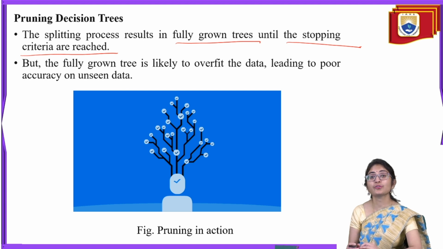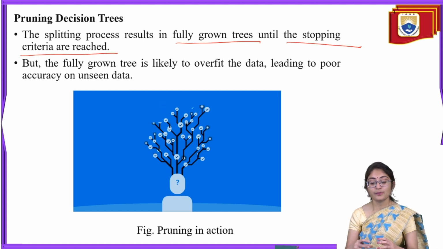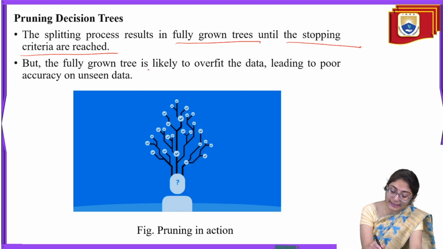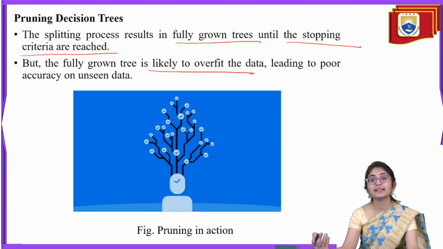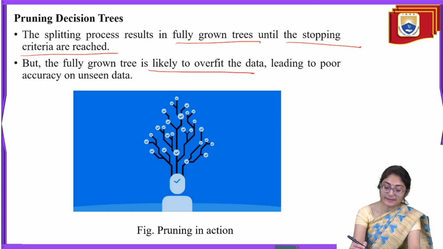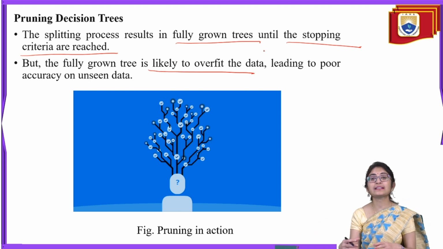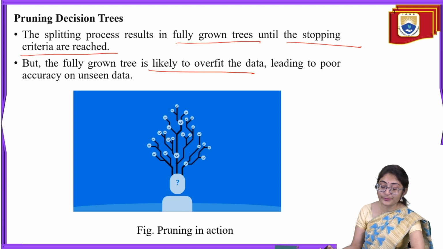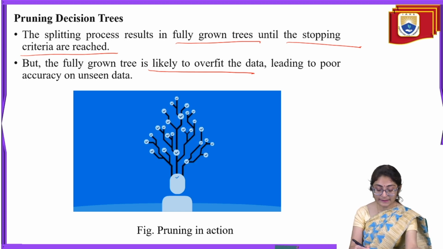But a fully grown tree is likely to overfit the data, leading to poor accuracy on unseen data. That means this fully grown tree will show overfitting, and it will give poor accuracy. You can see this is the pruning in action.